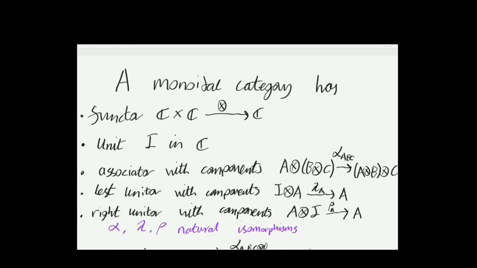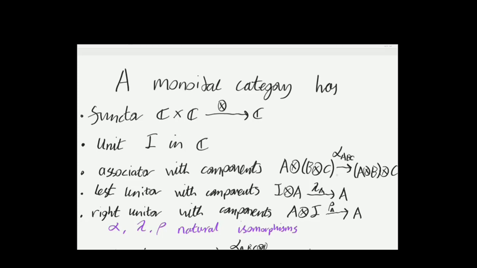Okay, so basically for every triple of objects A, B, and C, we have this arrow alpha A, B, C, and this is going to be an arrow from (A tensor B) tensor C to A tensor (B tensor C). Now actually alpha is going to be a natural transformation, and so this is the component of alpha associated with objects A, B, and C. And in fact, alpha is really a natural isomorphism.